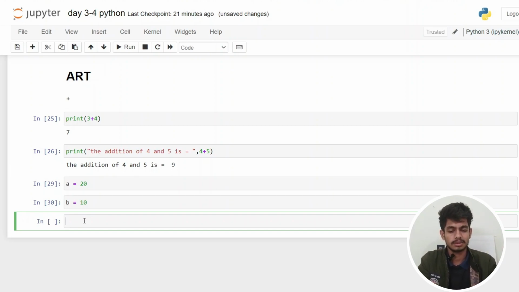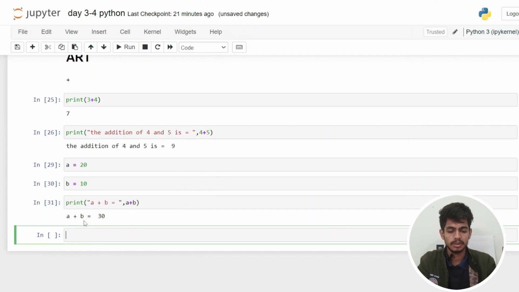After this we write print a plus b is equal to, passing a plus b, so it will give you a plus b is equal to 30. So we are also using the plus operator with this concept.